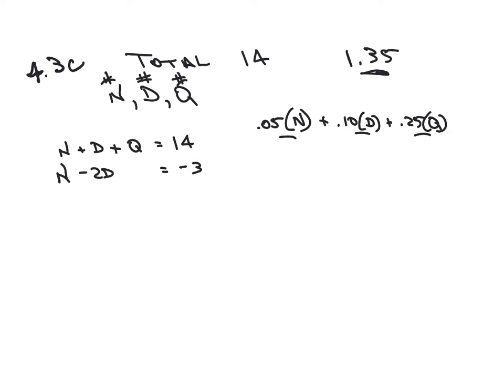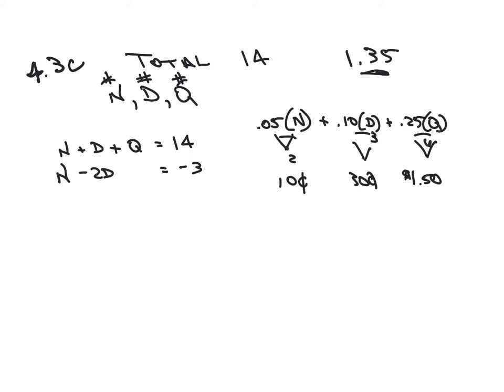So let's just say, for instance, we had 2 nickels. That means the value of our nickels would be 10 cents. Let's say that I had 3 dimes. That means the value of dimes I had would be 30 cents. And if I had, say, 6 quarters, the value of quarters would be $1.50.